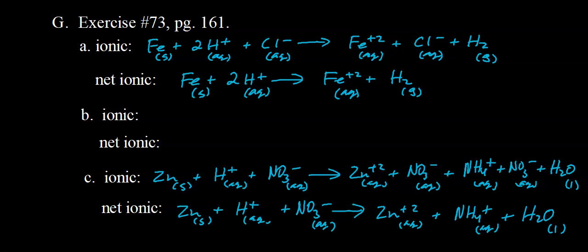Hydrogen goes from +1 to +1. It stays +1. But we have the nitrogen that is being reduced. So in nitrates, nitrogen's oxidation state is +5. In ammonium, on the right side, nitrogen's oxidation state is -3. So we go from +5 to -3. The nitrogen is being reduced.